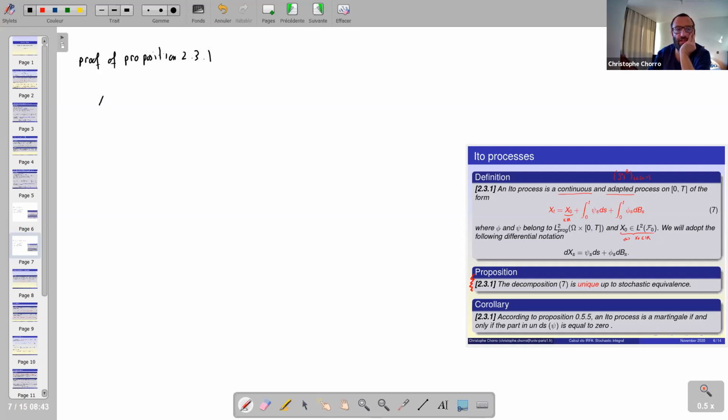So I start from an Ito process. I will consider the first decomposition this way, with the good integrability conditions for sure. And I suppose that there exists another decomposition that I will write with tilde.